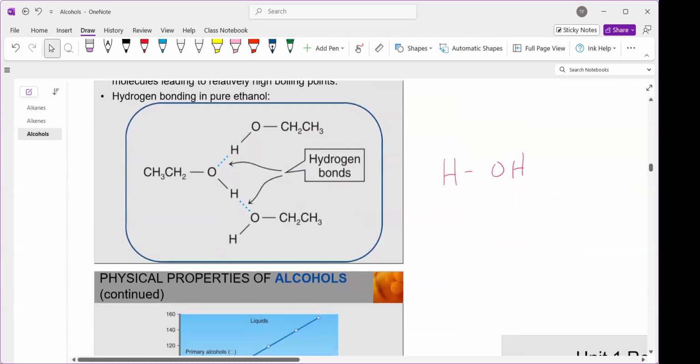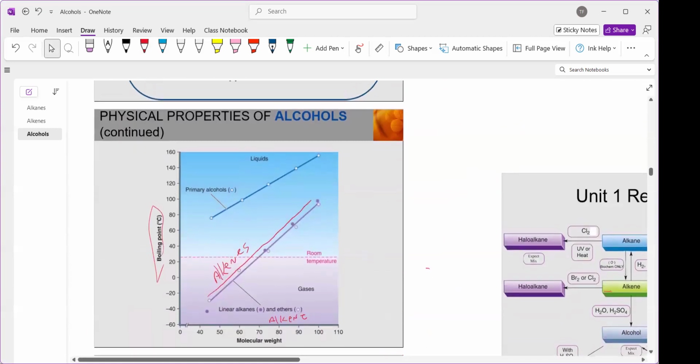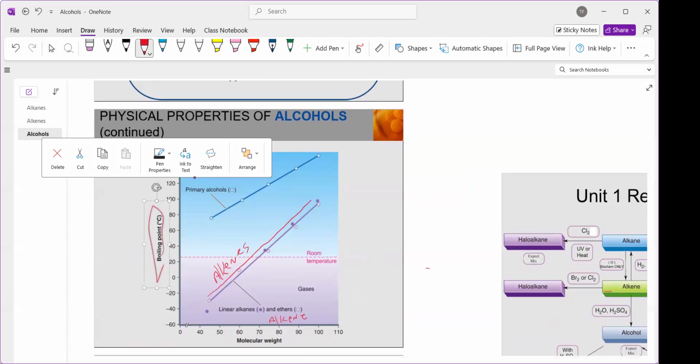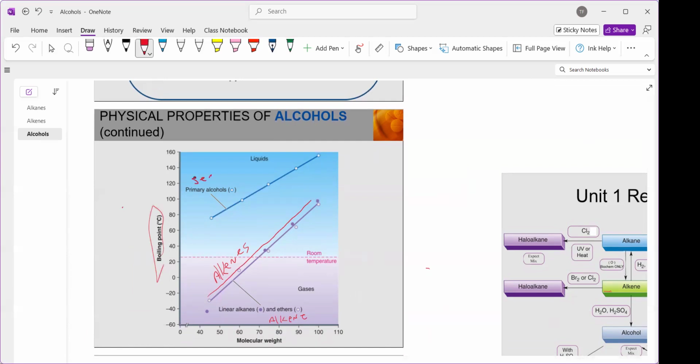Okay, so all the alcohols, primary, secondary, tertiary, have a much higher boiling point than their associated alkanes and alkenes. Now, we haven't talked about ethers yet. Ethers are going to come kind of in between. They don't have an H attached to the oxygen. They have another carbon attached.